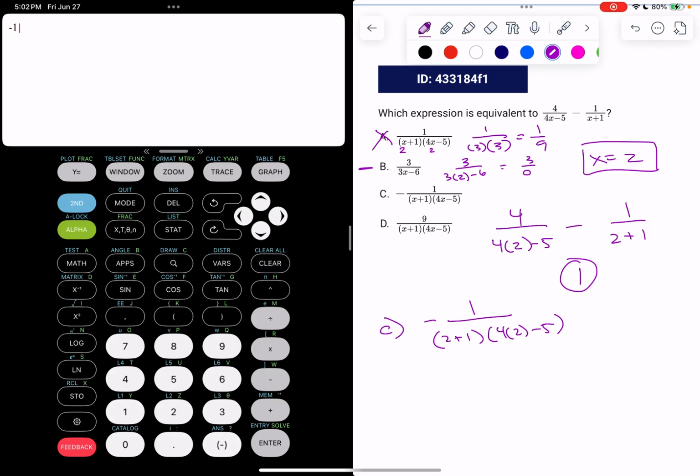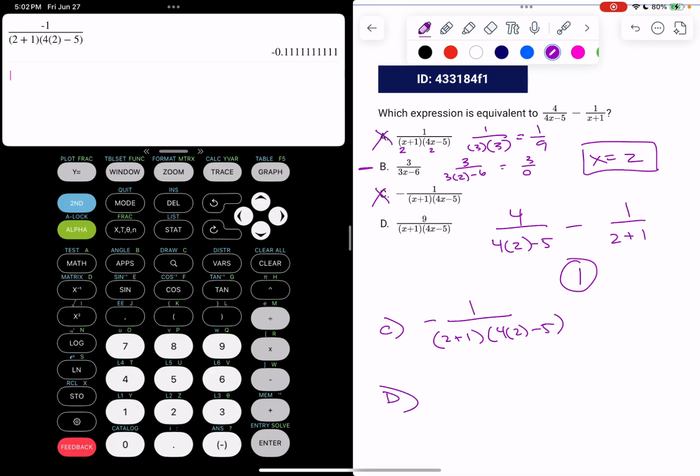Oopsies, I should put negative 1 in my numerator. Grab my fraction first. Negative 1 over 2 plus 1 times 4 times 2 minus 5. Let's see. Oh, no, that's not the guy. That's a little bit different than 1.